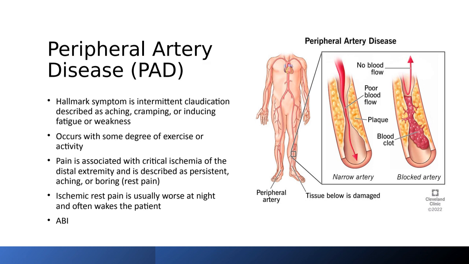So now I'm going to talk a little bit more in depth about peripheral arterial disease. This is a result from coronary artery disease that usually results in the arteries in the lower extremities and is characterized by inadequate blood flow.